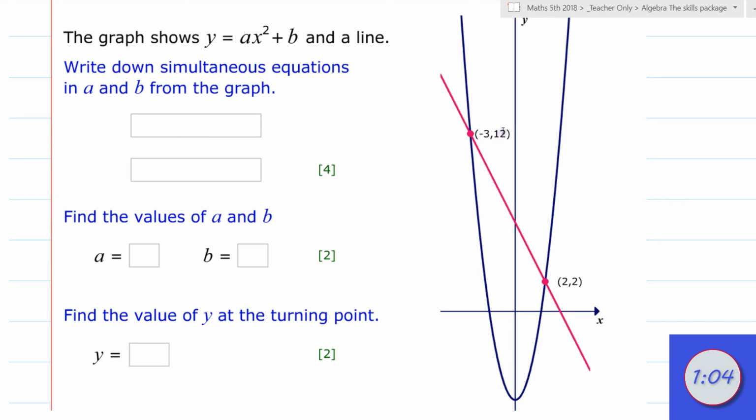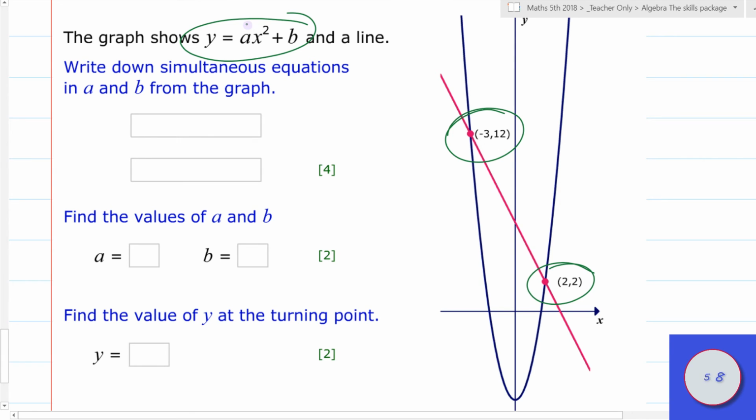If you're struggling, I'll give you a hint. You have an x and a y value here. I have an x and a y value here. Put into here. Get your simultaneous equations.